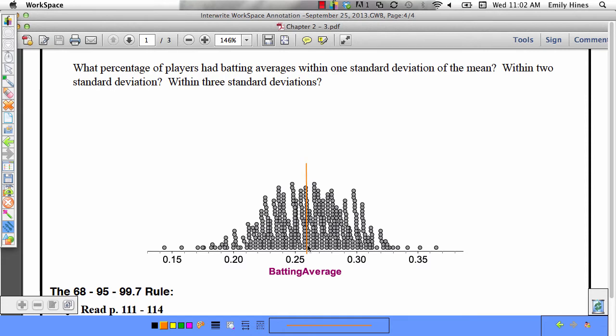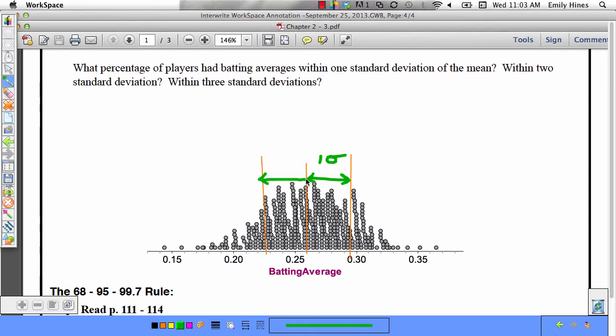And then if I went a standard deviation this way to 0.295, it would be right about here. So from here to here is 1 standard deviation. Okay, and if I go back the other way, I would be going to 0.227, so 0.2, 0.21, so right about here. And this is 1 standard deviation.